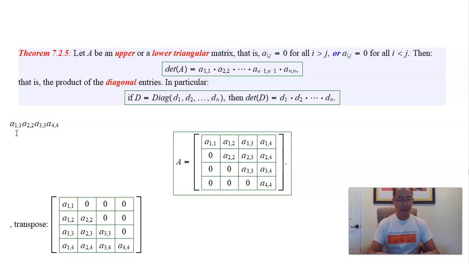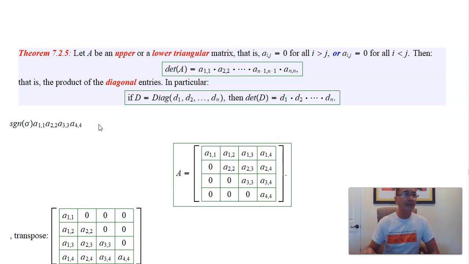But wait, there's more. Remember, there is still a sign sigma in the determinant formula. So we're not quite done yet. Okay? But who is the sigma in that term? Column 1, column 2, column 3, column 4.